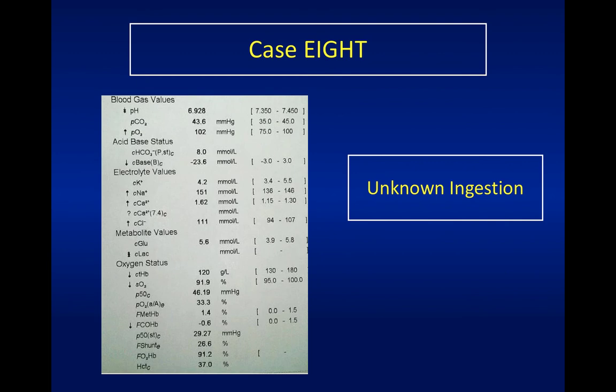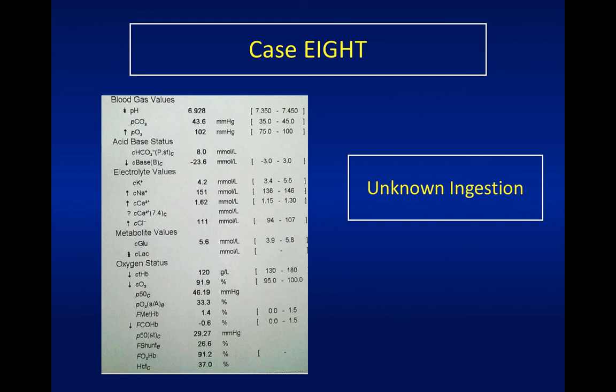Oh well, yes. The oxygen levels are not low, although the sats of 92% are a bit of a concern. The pH is low. This is an acidemia. The CO2 is in the normal range. The bicarb is extremely low, and the base excess is extremely negative, suggesting a primary metabolic acidosis.